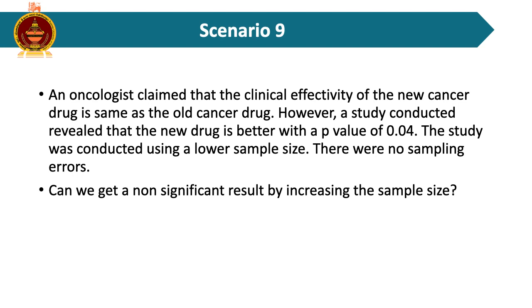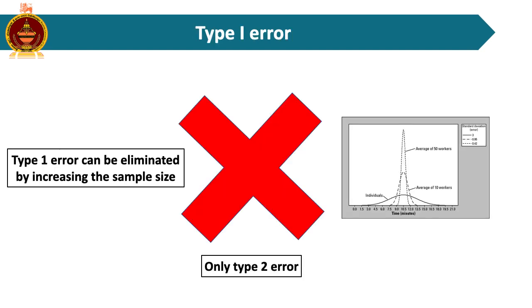So what will happen is, when you increase the sample size, the significance level will be increased. What has happened here is a type 1 error in statistics. Even though the clinician does not feel any effectivity compared to the previous drug, statistics says that it's effective.